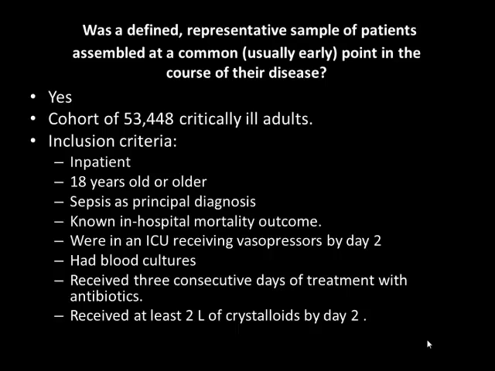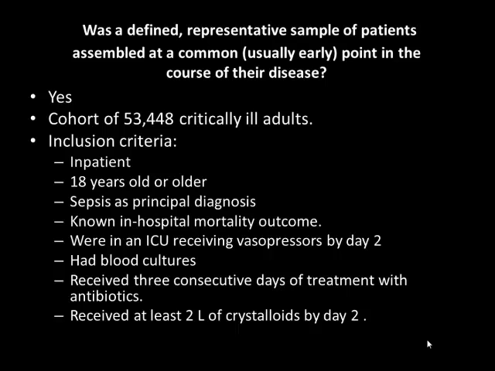These are the inclusion criteria that include inpatient, age 18 or older, sepsis as the principal diagnosis, known in-hospital mortality outcome. So they exclude patients that were transferred to other hospitals.